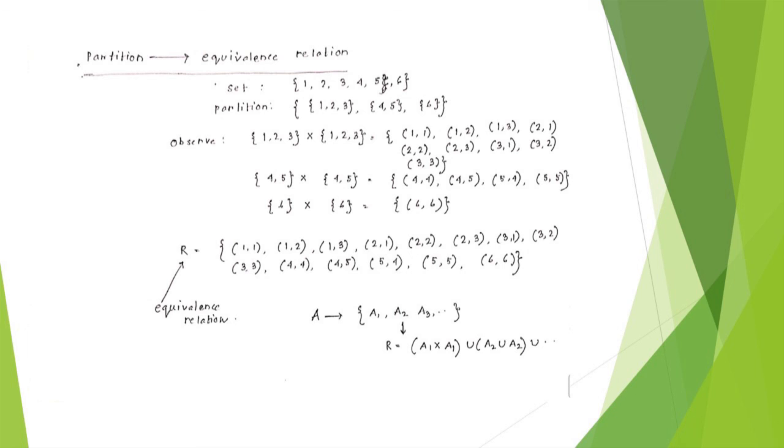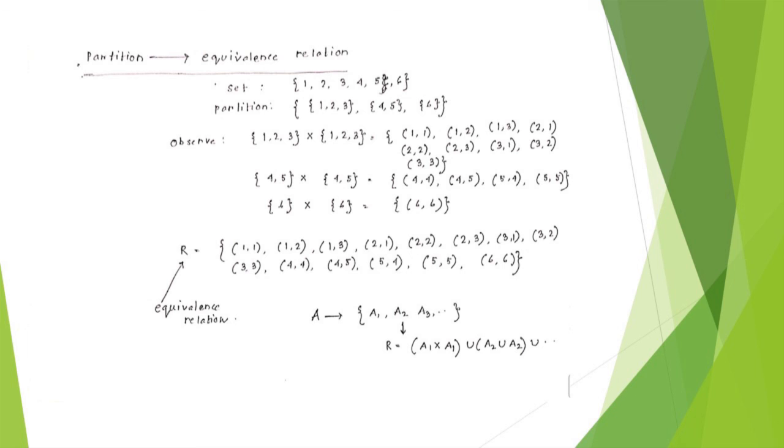So for the first example, we take a set containing 6 elements, that is 1, 2, 3, 4, 5 and 6. Now we can partition the set. We know there are infinite ways of partitioning, but we have taken this as our partition.